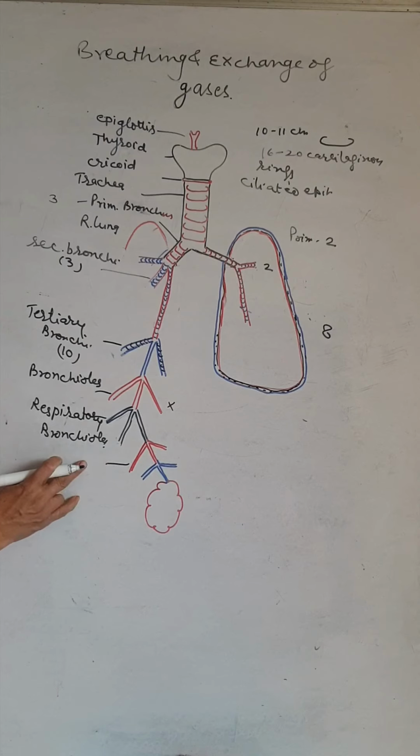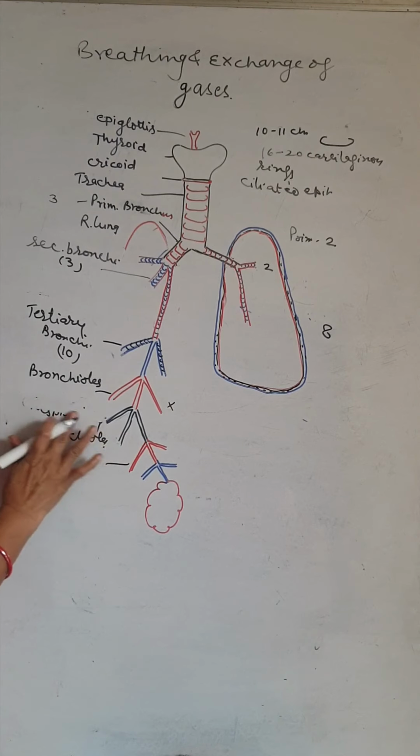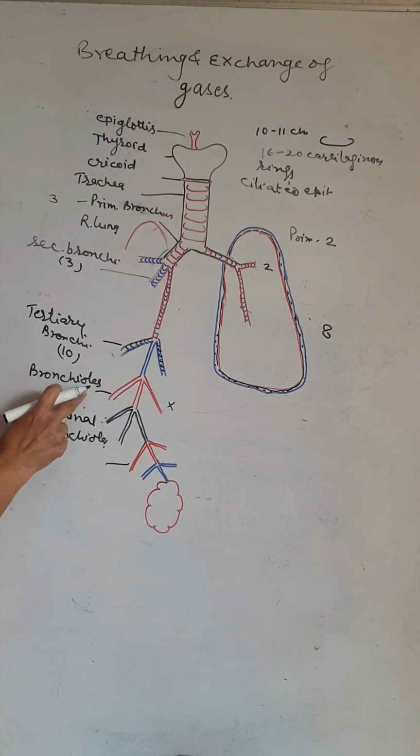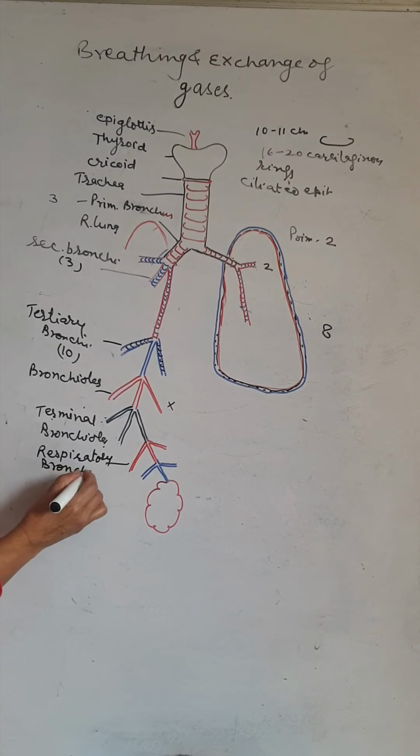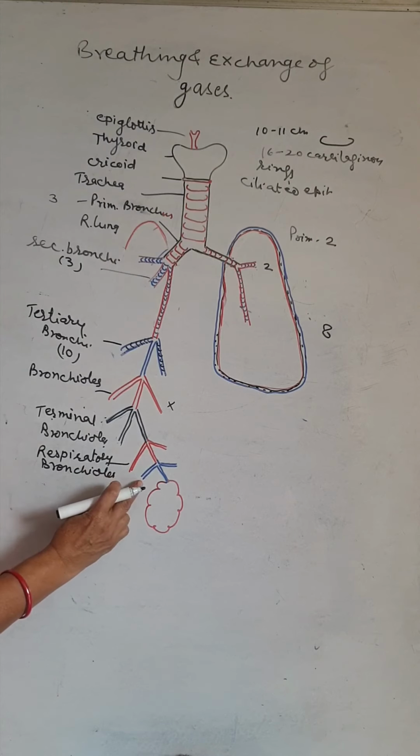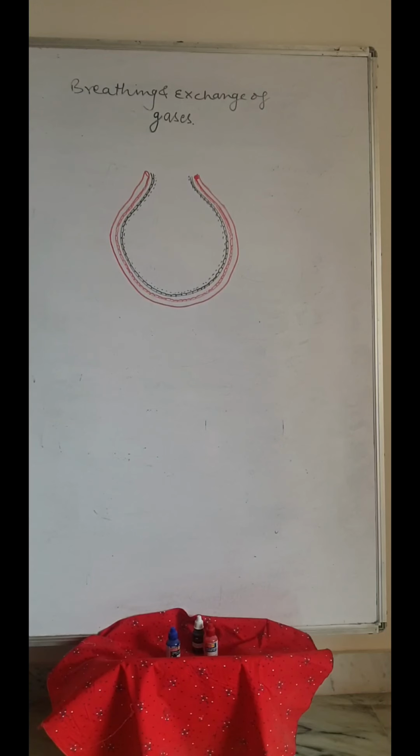Then the terminal bronchioles are further divided into respiratory bronchioles. So tertiary bronchi divided into bronchioles, bronchioles into terminal bronchioles, and the terminal bronchioles further divided into respiratory bronchioles. And the respiratory bronchioles further divided into alveolar ducts.